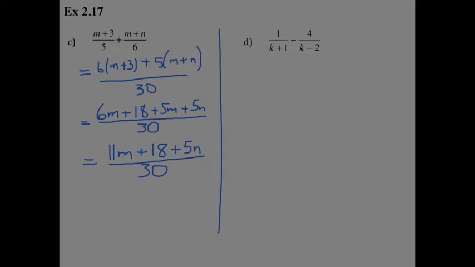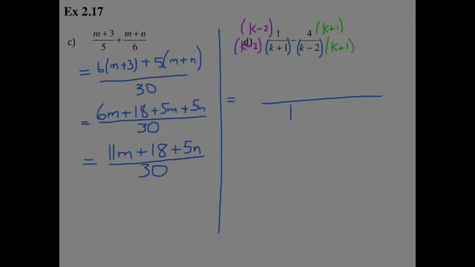Now, I've got denominators that are messy, so I'm actually going to put brackets in there. For the second fraction, I'm going to times the top and the bottom by k plus 1. And for the first fraction, I'm going to multiply the top and the bottom by k take 2, which means both fractions now have the same 2 brackets on the bottom.